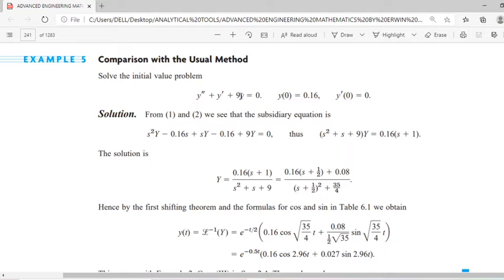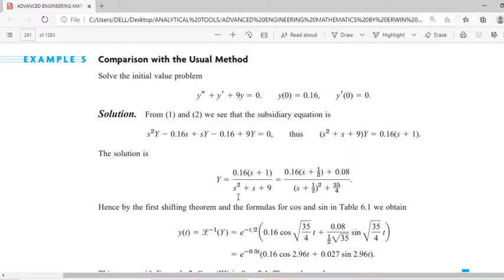And what is L of 9y? That is 9y. Okay, so you can take the similar term, that is s square plus s plus 9 into y, that equal to 0.16 into s plus 1. So that solution is y is equal to 0.16 into s plus 1 divided by s square plus s plus 9.